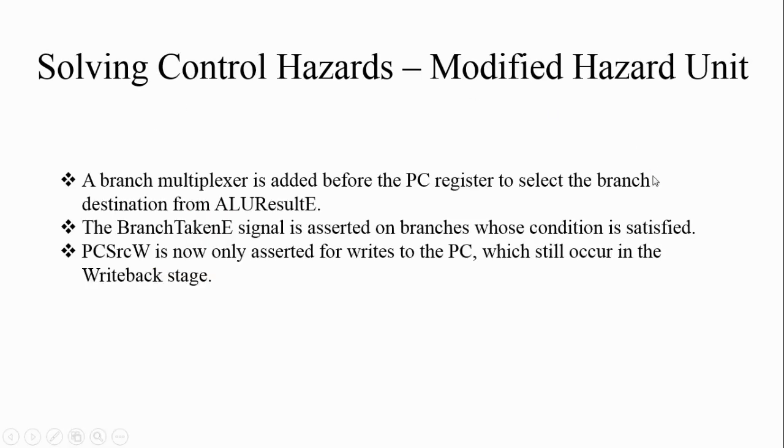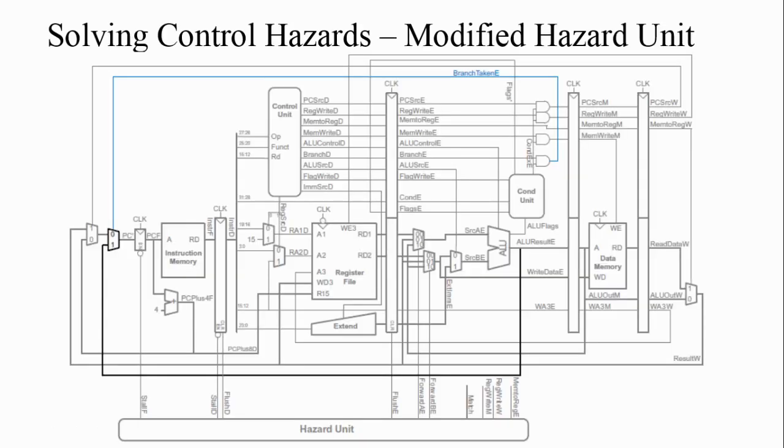So here, for incorporating the earlier branch prediction, again you are modifying the hazard unit, right? How are you going to modify the hazard unit? You are adding one multiplexer here, which will give the branch prediction address just after the execution stage.